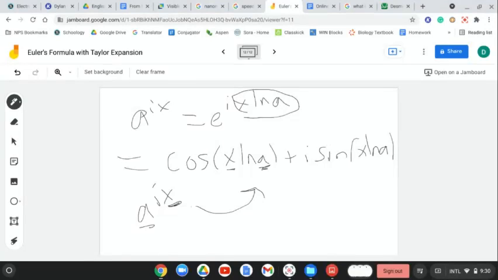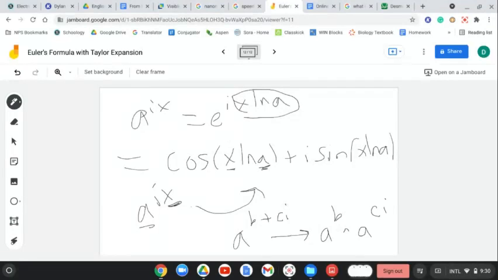So if we want to raise a to a complex number, which we're going to say is a to the b plus ci. It's unfortunate we can't say a plus bi here, but we're just going to say a to the b plus ci. All right, using exponential properties, we know that a to the b plus ci is equal to a to the b times a to the ci.